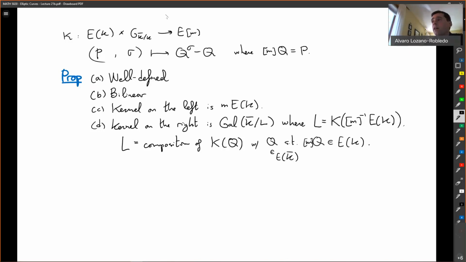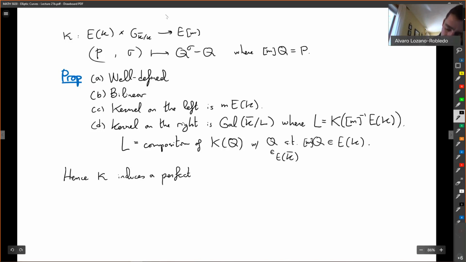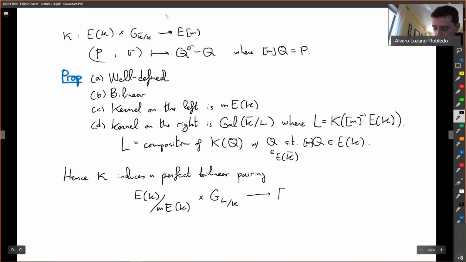So that is the kernel on the right, and hence kappa induces what we call a perfect bilinear pairing from E(K) modulo M E(K) cross Gal(L over K) to E[M].